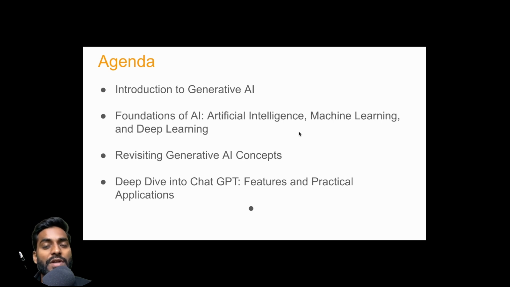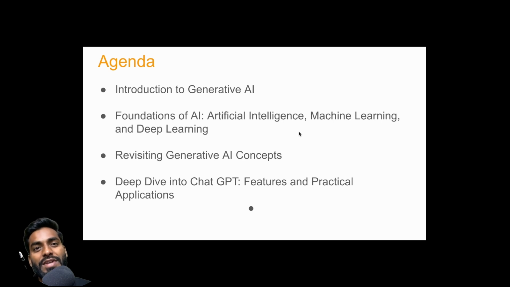These concepts are the building blocks of generative AI, and understanding them will help you appreciate its potential. Next, we will do a quick recap and dive deeper into generative AI, exploring its nuances. Finally, we will look at ChatGPT in action, uncovering why generative AI has become the buzzword in every corner of the internet. From social media to corporate boardrooms, we will discuss its applications and why it is revolutionizing industries today.